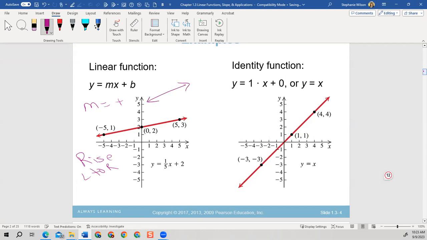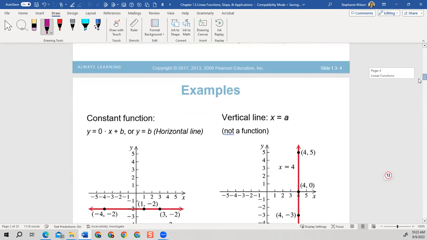If it falls left to right, then it's a negative slope. If it's a vertical line, then the slope is undefined. And again, we're going to talk more about it. If it's a horizontal line, my slope is equal to 0. These are just some examples of them. We're going to actually start solving pretty soon.